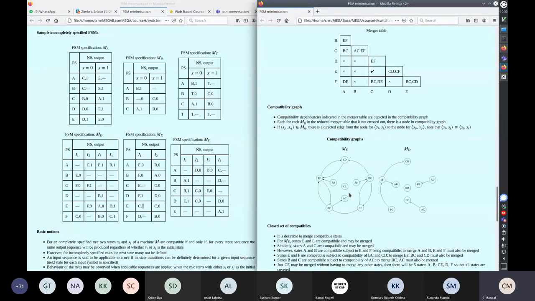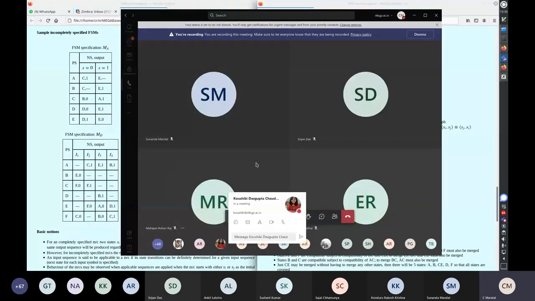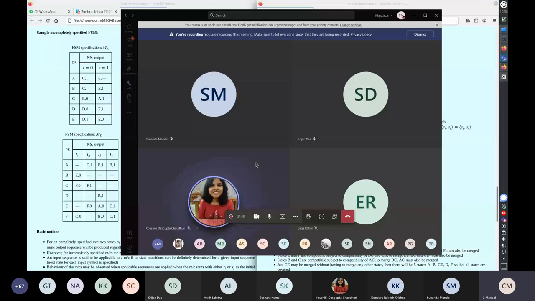Are you done? Have you constructed this compatibility graph for ME from this Marchett table? Yeah? Have you done it? Hello? Kaushiki, have you done it? I'm also doing. Have you created the compatibility graph? Doing.